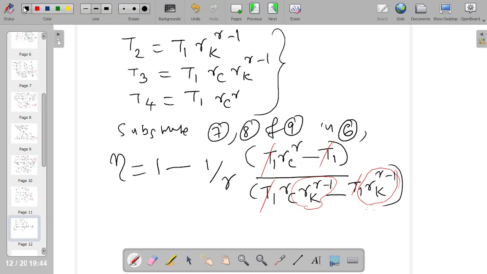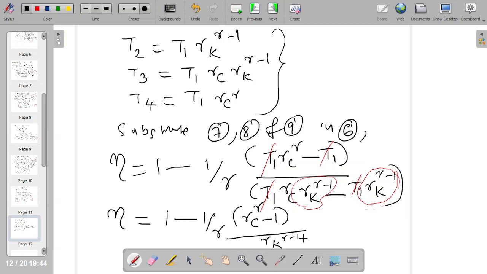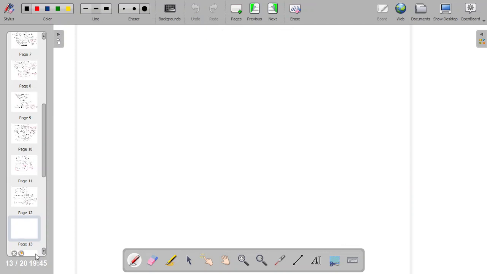So finally our expression for the efficiency of the diesel cycle will be like this: 1 minus 1 by gamma, RC raised to gamma minus 1 divided by RK raised to gamma minus 1 into RC minus 1. So this is the final expression for the efficiency of a diesel cycle.